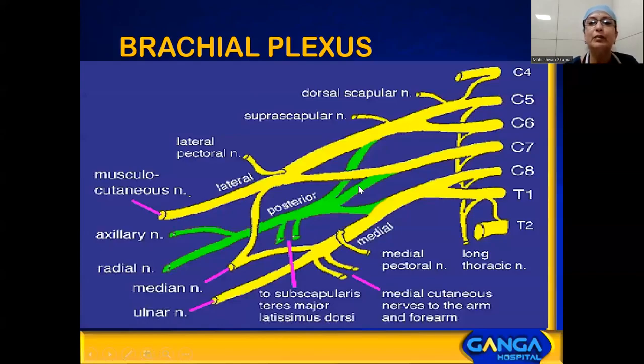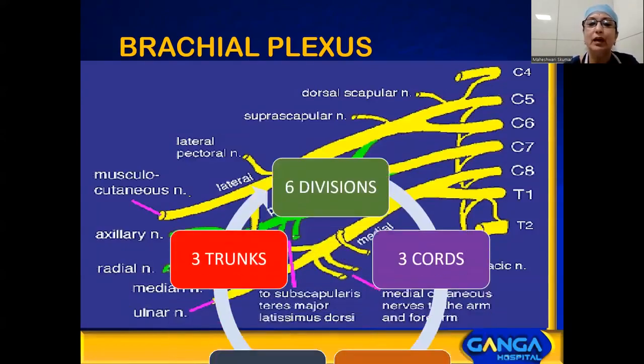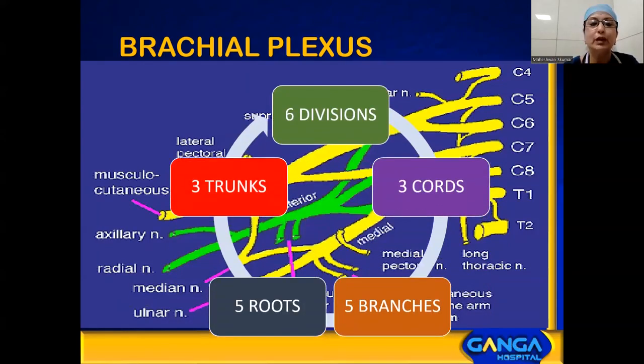As you all know, the brachial plexus arises from the anterior primary rami of C5 to T1. These 5 roots converge together to form 3 trunks, the upper, middle, and lower trunk. Each of these trunks divides into anterior and posterior divisions. The anterior divisions of the upper and middle trunk join together to form the lateral cord.